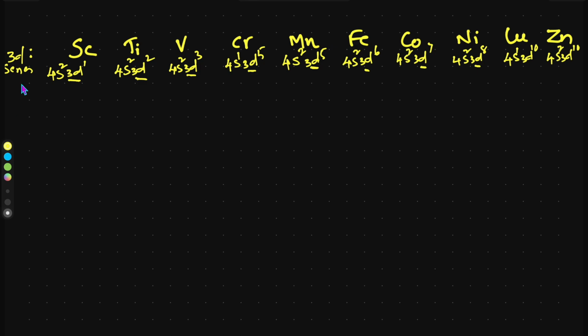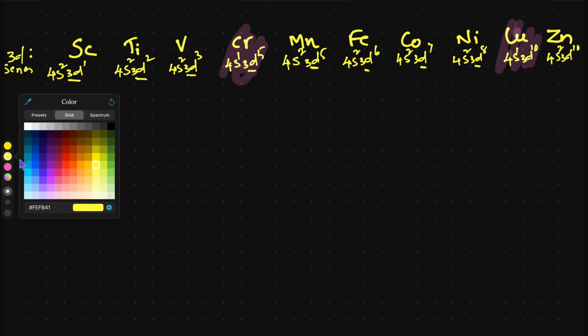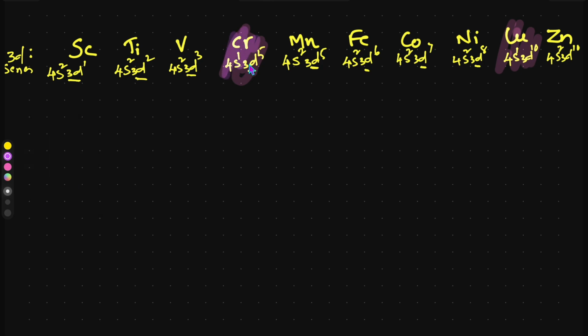Why am I calling it the 3d series? Because the differentiating, or last entered, electron is present in the 3d shell. So here, what you need to remember is the chromium electron configuration as well as the copper electron configuration. Why should you remember them? Because they are exceptions, exceptional electronic configurations.